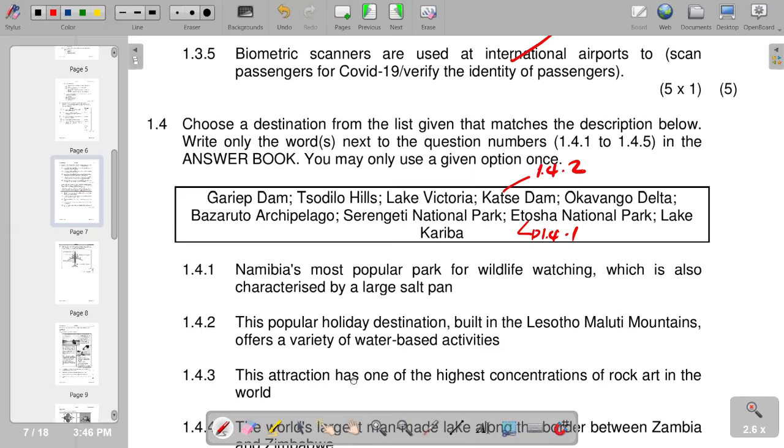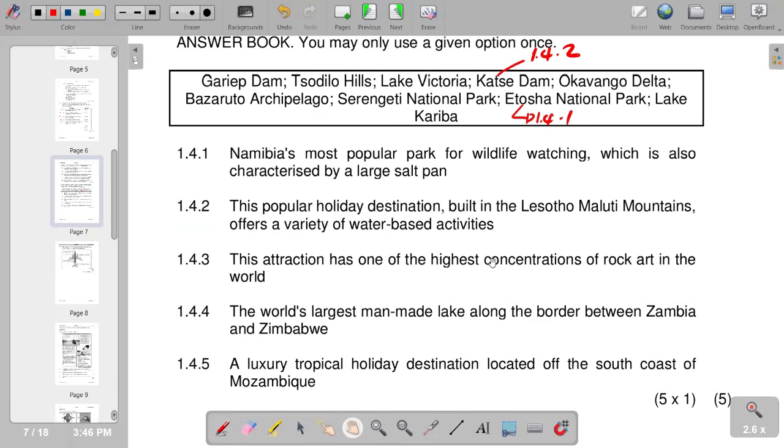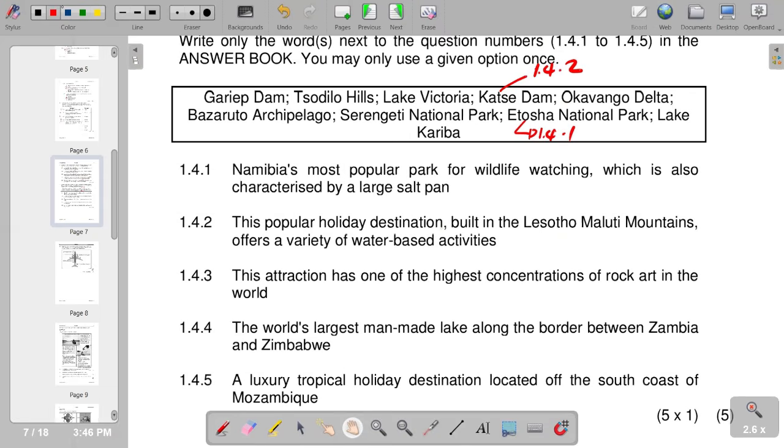Then we move on to the next part. This attraction is one of the highest concentrations of rock art in the world. We have got the Sondilo Hills, which represents our 1.4.3. And 1.4.4, the world's largest man-made lake along the border between Zambia and Zimbabwe. It is Lake Kariba, which we have on this part, which is 1.4.4.